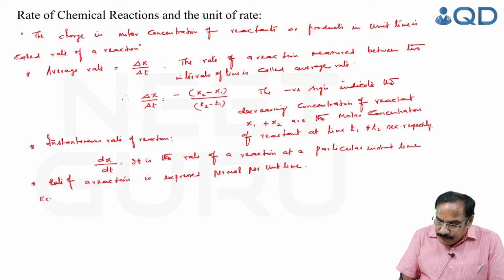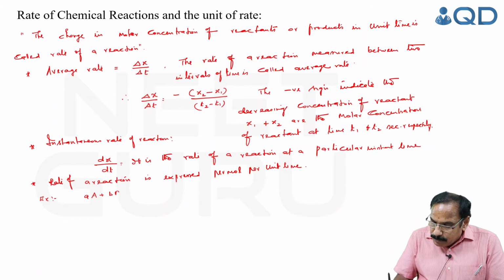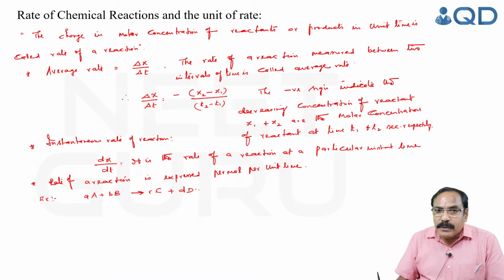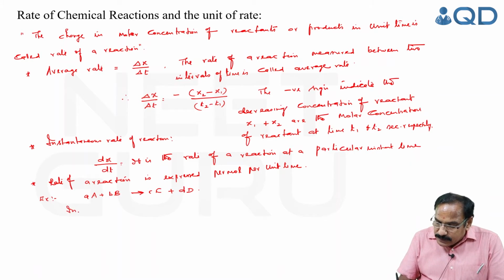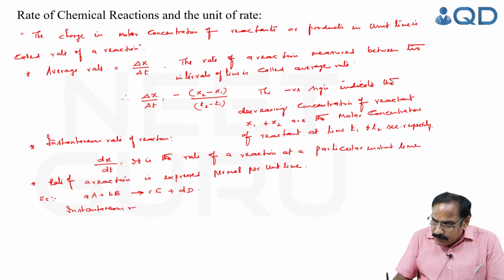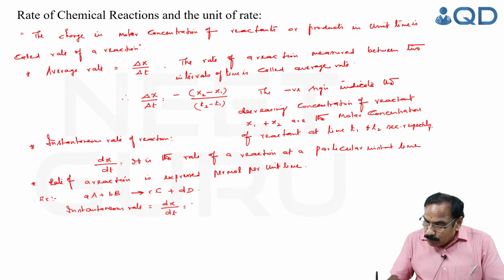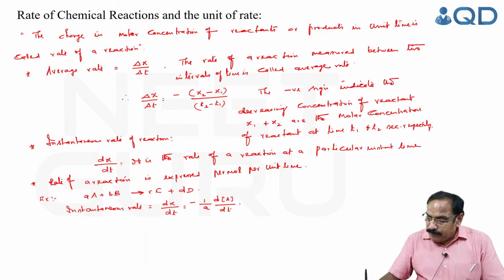For example, when a moles of A react with b moles of B to form c moles of C and d moles of D, the instantaneous rate is given by dx by dt equals, with respect to reactant, a negative sign, and for 1 mole we take the reciprocal, minus 1 by a into dA by dt, the change in concentration of reactant A with time.